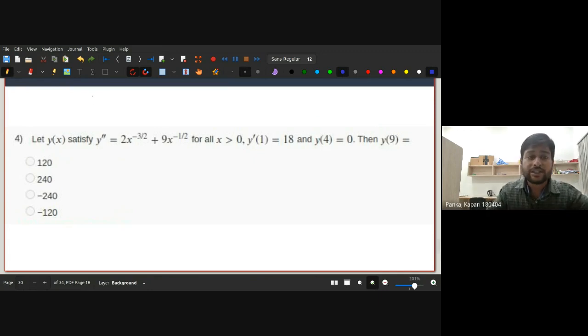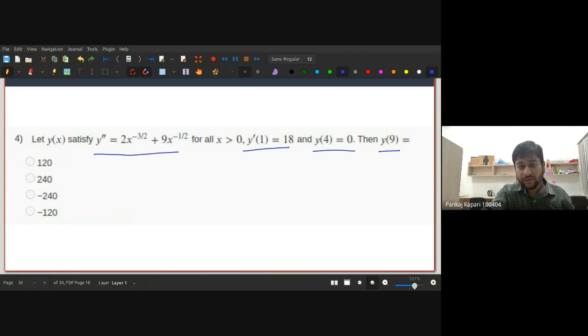Okay, it's given that a function satisfies this equation, that its double derivative is given by this whenever x is positive, and these two values are also given: at 4 the function is 0 and at 1 the derivative is 18, and we have to find the value of the function at 9.